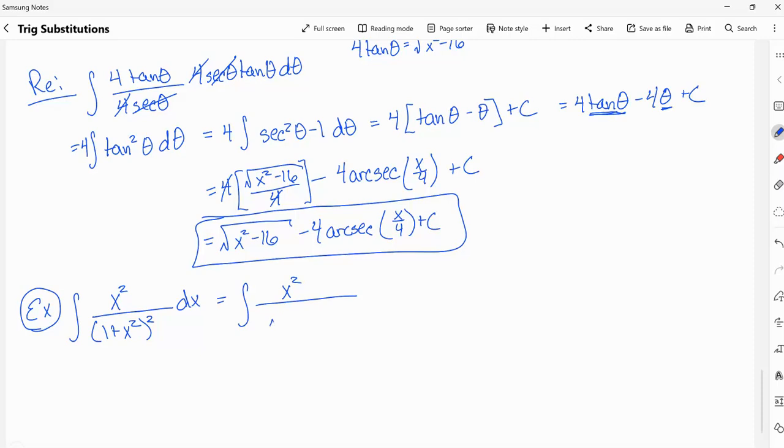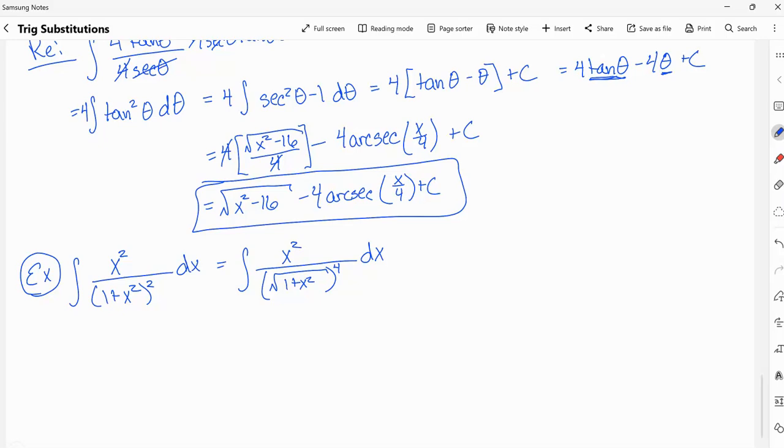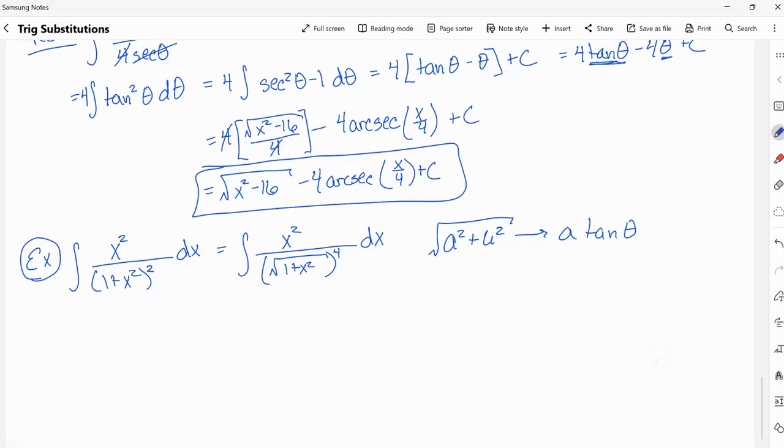Wouldn't that be the same thing as the square root of 1 plus x squared raised to the 4th power? So now we're in that form of a squared plus x squared, or u squared. And then we would use a tangent of theta to set up our triangle.